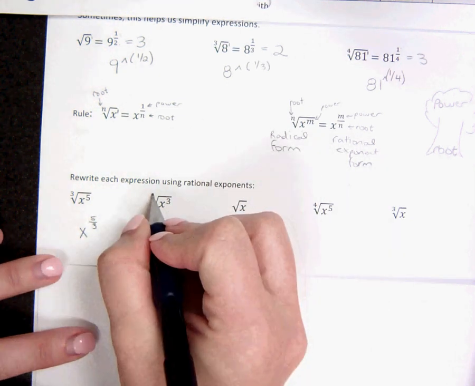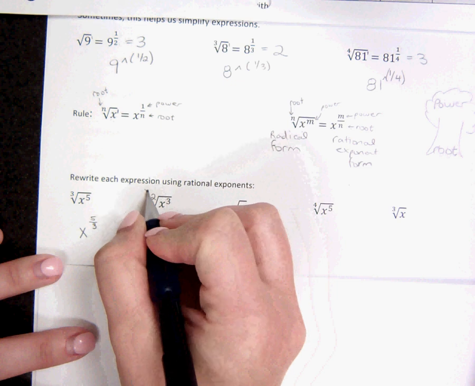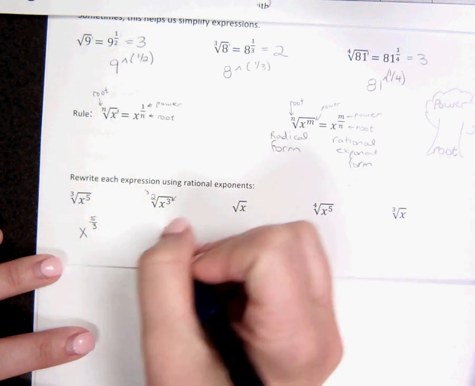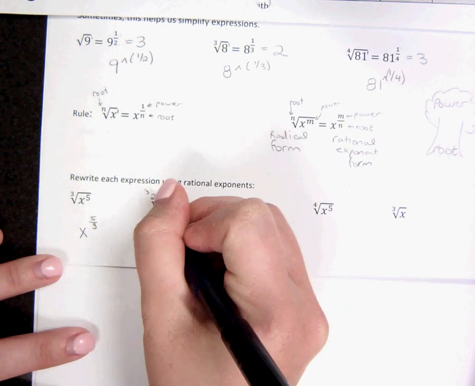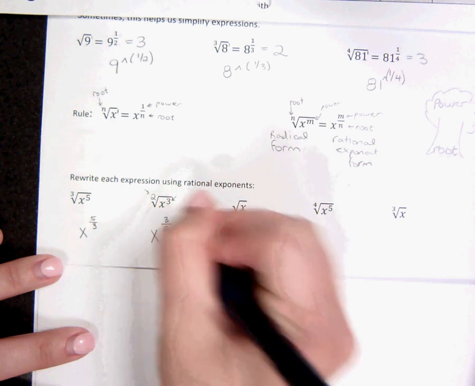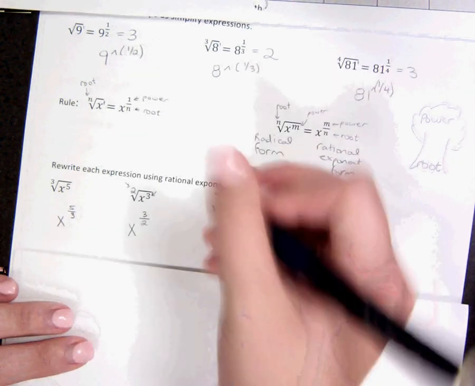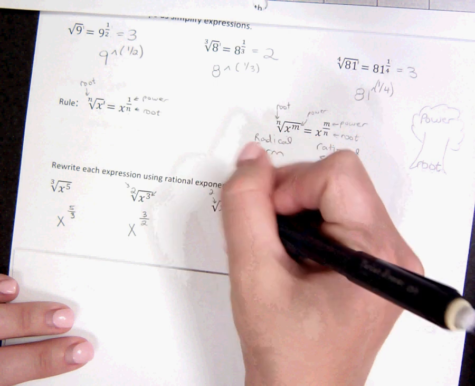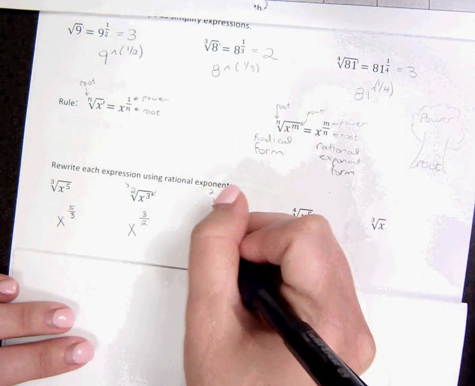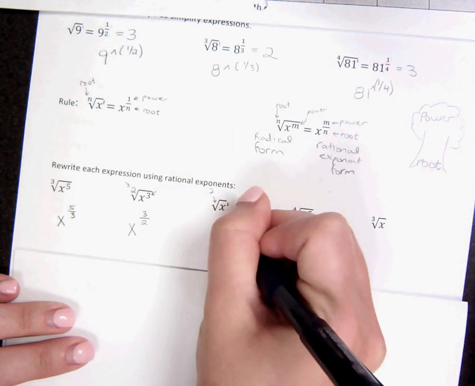Same thing here, the root would be 2 because it's a square root. The power is 3, so we have x to the power over the root. Same thing here, the root is 2, the power would be 1, so it would be x to the 1 over 2.